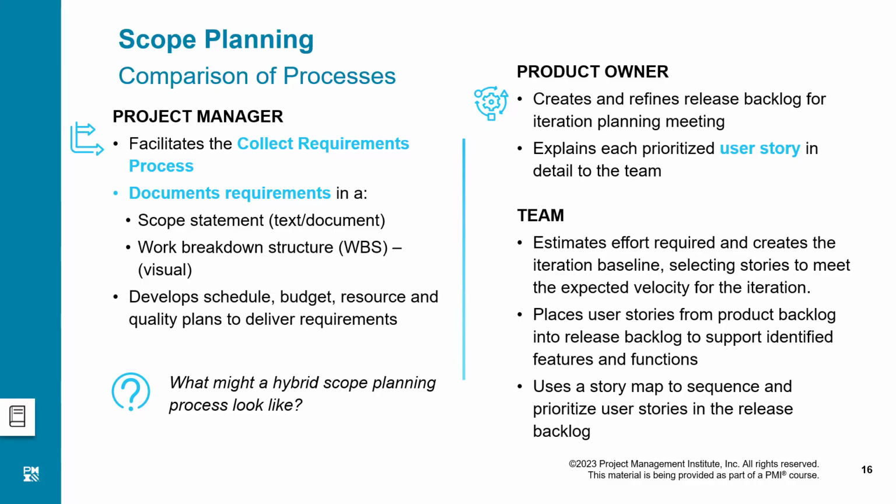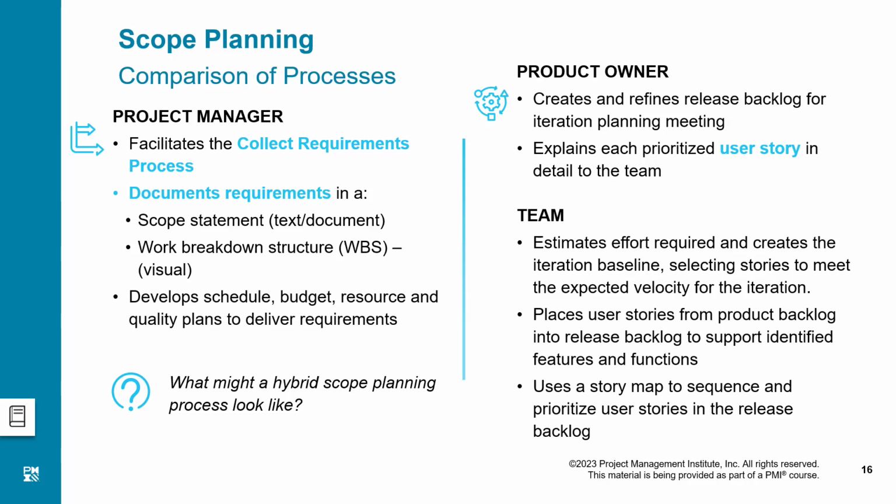So what does a team do? Now, because they have to only plan for one iteration at a time, it is a much easier job. So they estimate the effort required and create the iteration baseline. So first they spend some time in planning and then they baseline it.